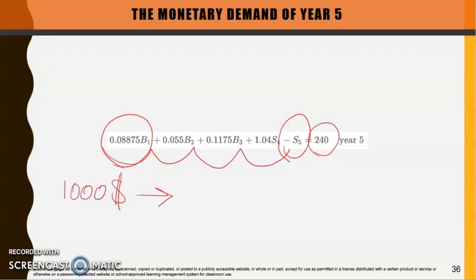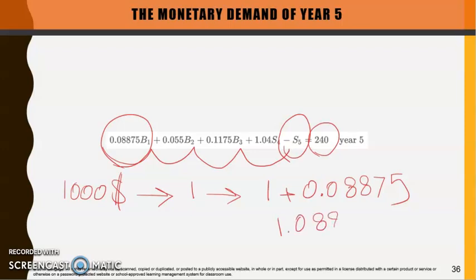And since the measure here is K, so it would be 1. So the amount of income that we will have at the beginning of year 5 from bond 1 would be 1 is the par value plus the interest, 75. So it would be 1,08875.